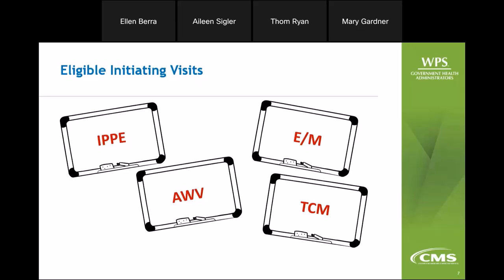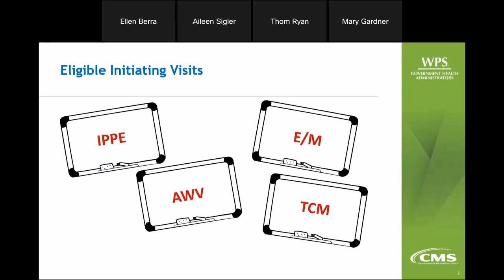Now, the CMS document does not mention the transitional care management face-to-face service. However, this is listed within the 2017 Medicare Physician Fee Schedule Final Rule, and it's on page 80242. We will also place the link for that Physician Fee Schedule Final Rule within the chat function.